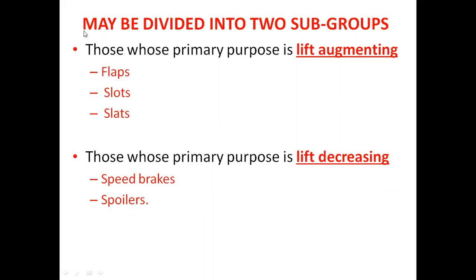So the secondary group flight control surfaces are further divided into two groups. One is known as the high lifting devices, or lift augmentation devices, which are flaps, slots, and slats. The other is the drag inducing devices, or lift decreasing devices, which are speed brakes and spoilers.